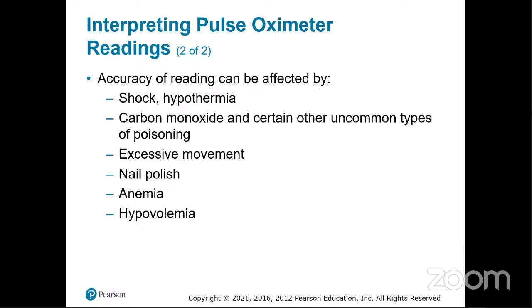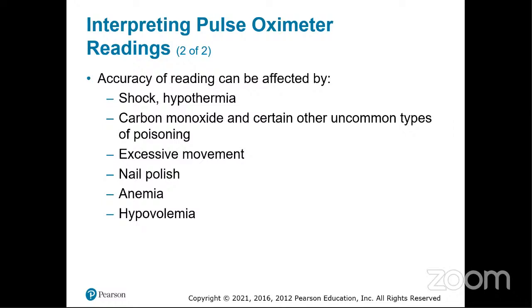Carbon monoxide actually binds to the hemoglobin and has more affinity for it than oxygen. So if you had a house fire or something and you're looking at somebody and they just don't look good, they've been in a lot of smoke, but you put the SpO2 on them and they're reading 100, that's probably because they've got 100% carbon monoxide and need some oxygen.